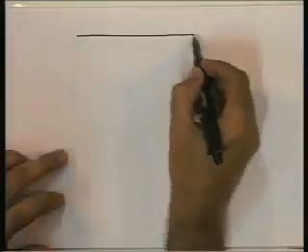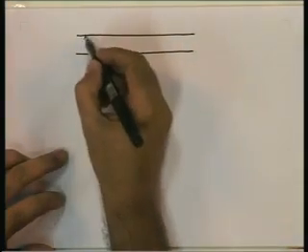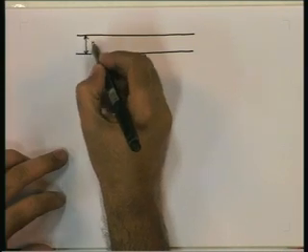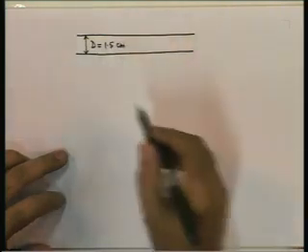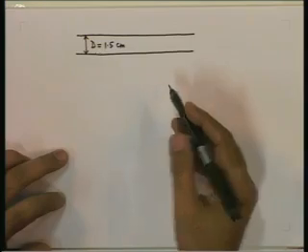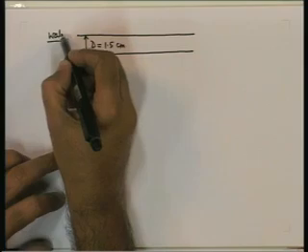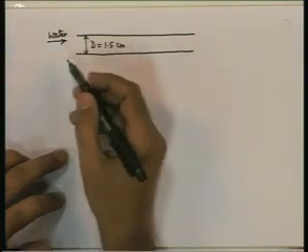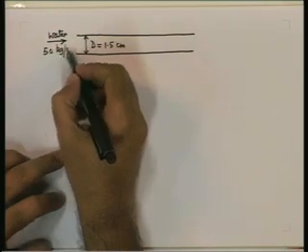The first example we look at is this. Let's say we have a uniform smooth tube with internal diameter d of 1.5 centimeters. Water flows through that tube at a rate of 50 kilogram per hour.